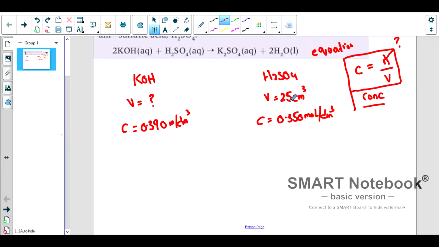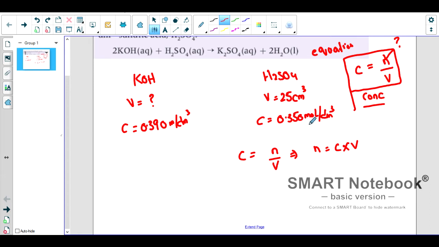Okay, but as you know, in titration you have one missing term here. This is the titrant H2SO4. From this we can find the moles, and that will help us find the moles of KOH. We can use the formula of concentration: C is equal to N over V. So what will be N? N will be C into V. Now you have to be very careful here.